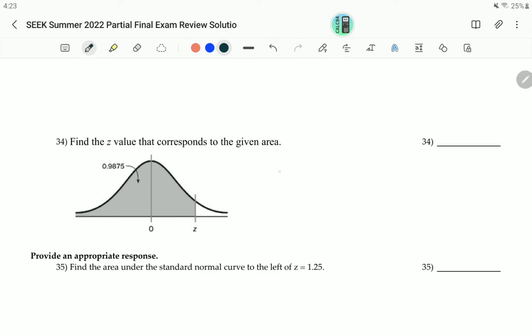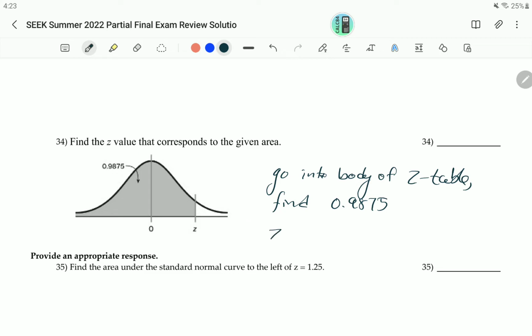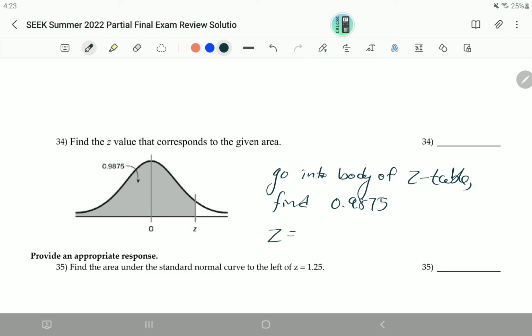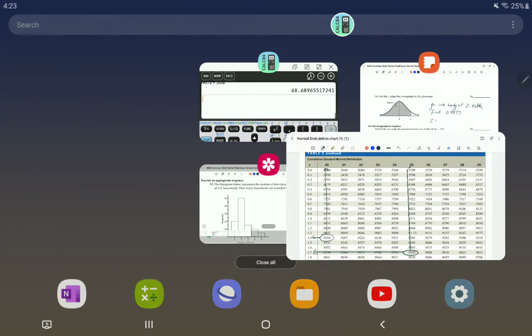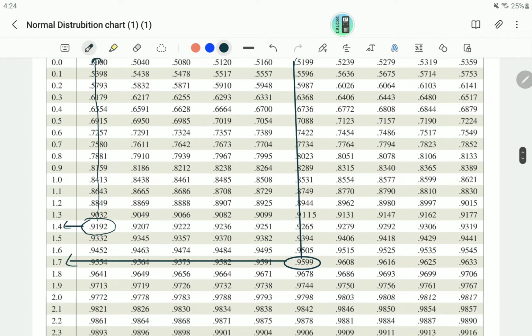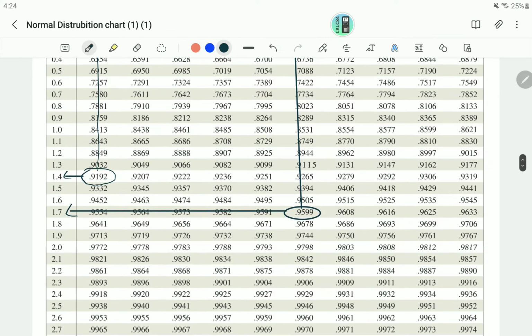We're going to go into the body of the z table and find 0.9875 because we want to find the z-score. 0.9875.